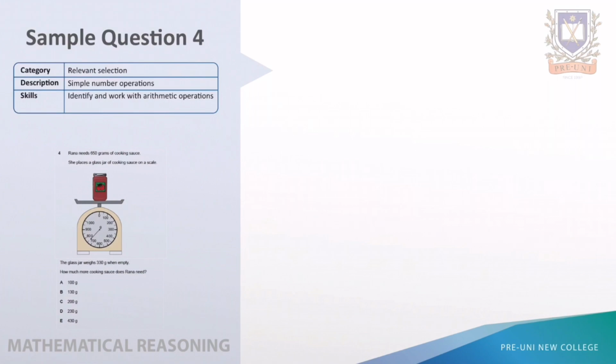So we can see with the arrow pointing that there is 750 grams being weighed. We are also told that the glass jar, when empty, is 330 grams. So what we can do is subtract 330 grams from 750 to find how much sauce Rana currently has. When we figure this out, we have 420 grams.